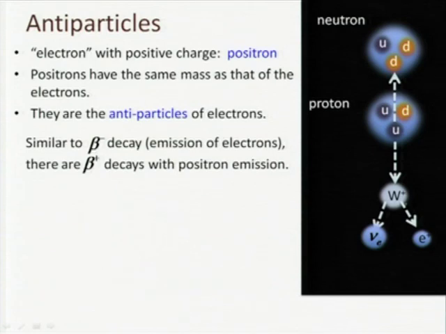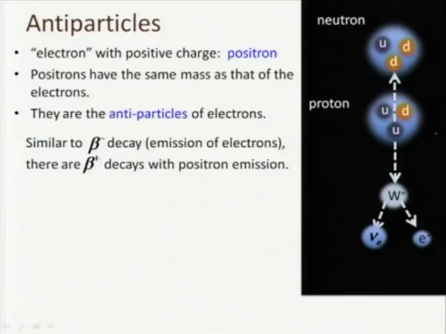The u quark initially has a charge of plus 2/3. This is converted into a d quark of charge minus 1/3 and a W plus of 1 unit of positive charge. So, the total electric charge in the initial and final states is plus 2/3.